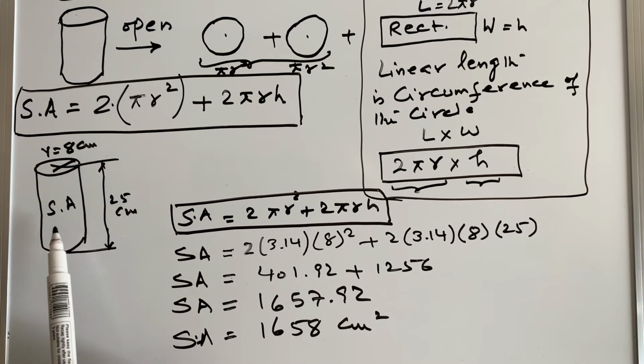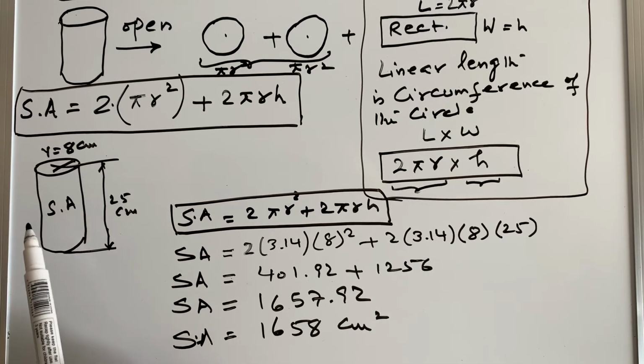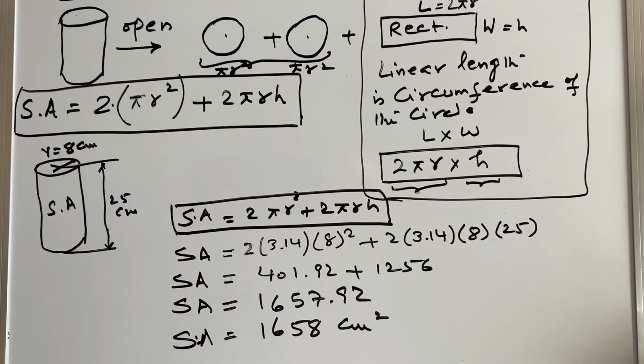So we did one example, and the student needs to remember this surface area formula: surface area is equal to 2 times pi r square because of the 2 circles, plus the rectangle area, right? So we add that up, 2 pi r times h, and we have the concept of how we can get 2 pi r. 2 pi r is the circumference, right?